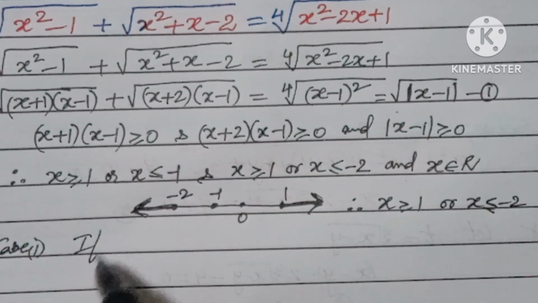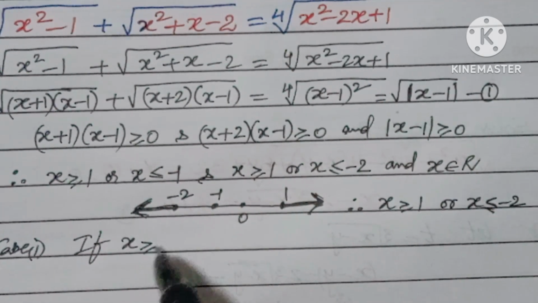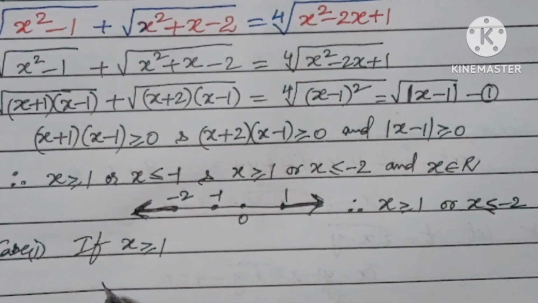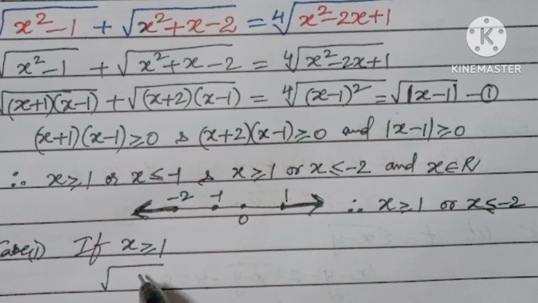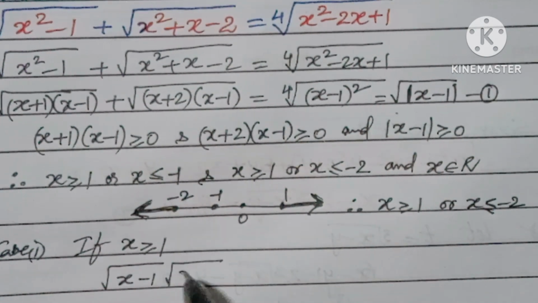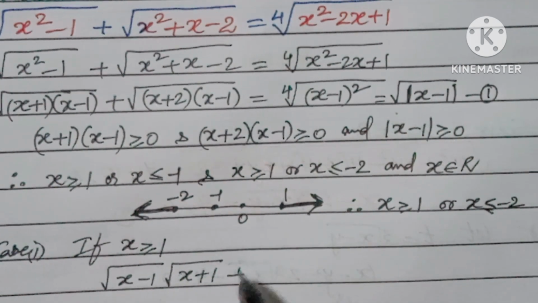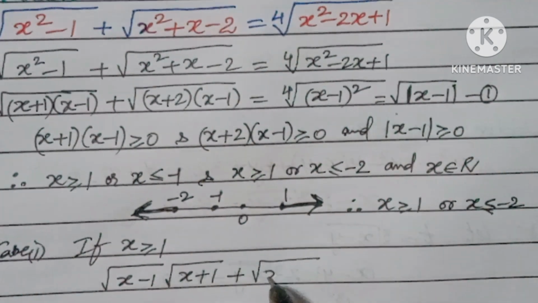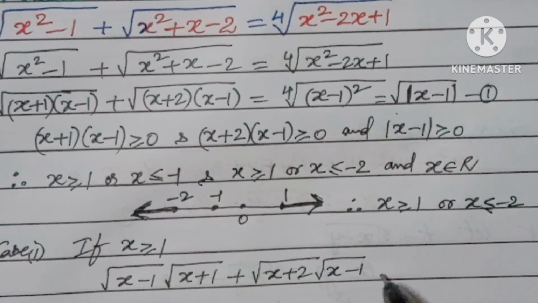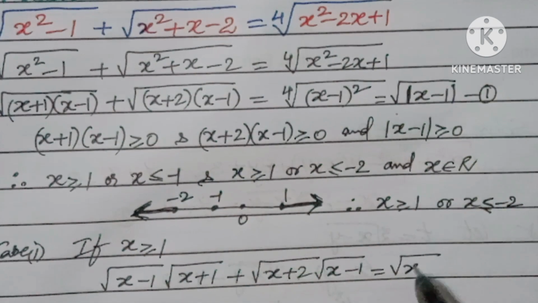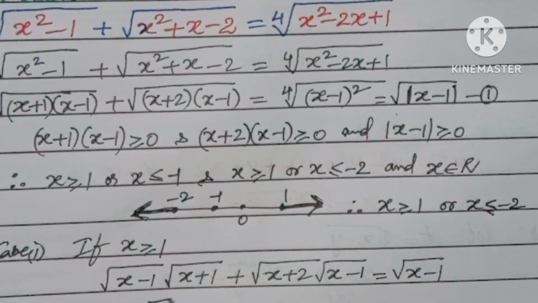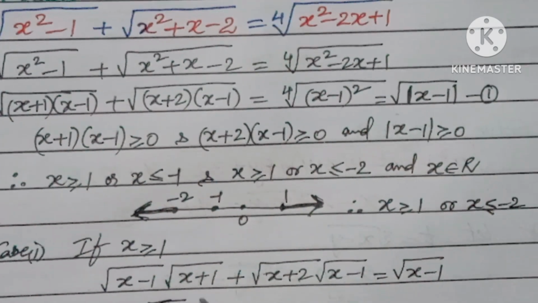So we'll take the first case. If x is greater than or equal to 1, then what will happen? Root of x minus 1 into root of x plus 1 plus root of x plus 2 into root of x minus 1 is equal to square root of x minus 1. So here you can take root of x minus 1 common.